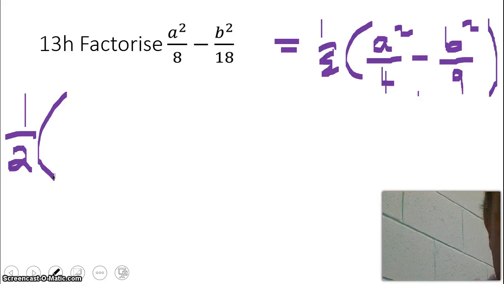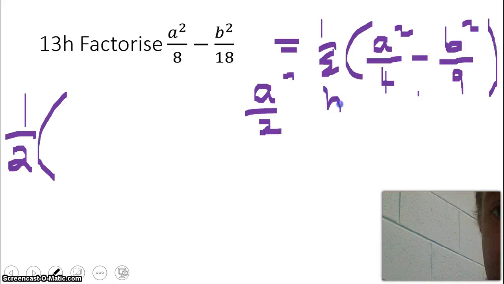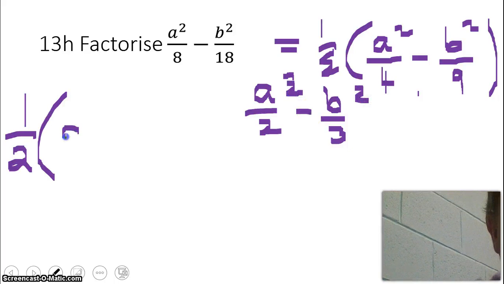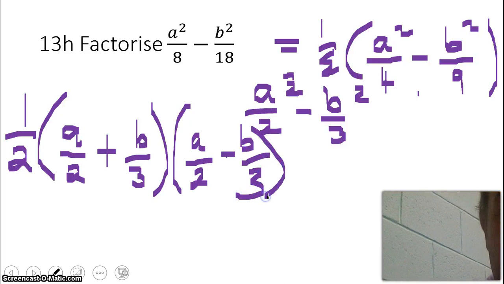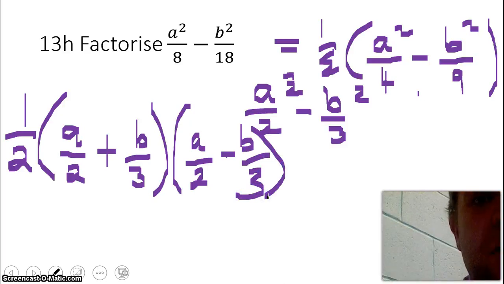So our perfect square is a on 2, and my b one is b on 3 squared. So we've got a on 2 plus b on 3, a on 2 minus b on 3. Sorry, that one's not terribly neat, but you get the idea.